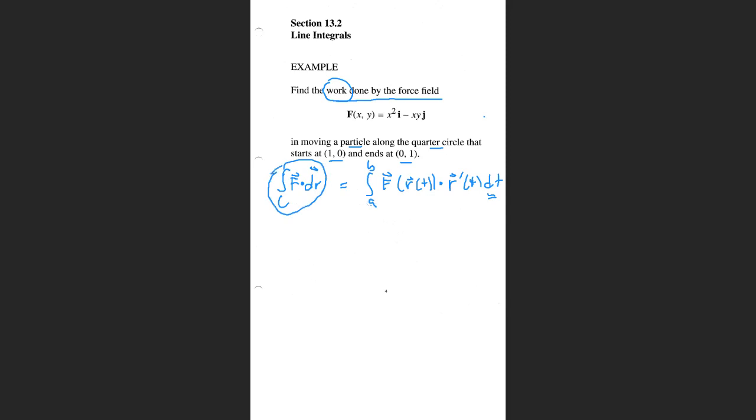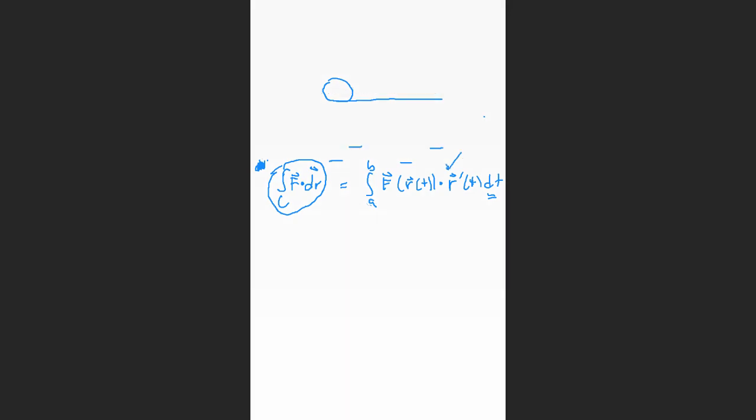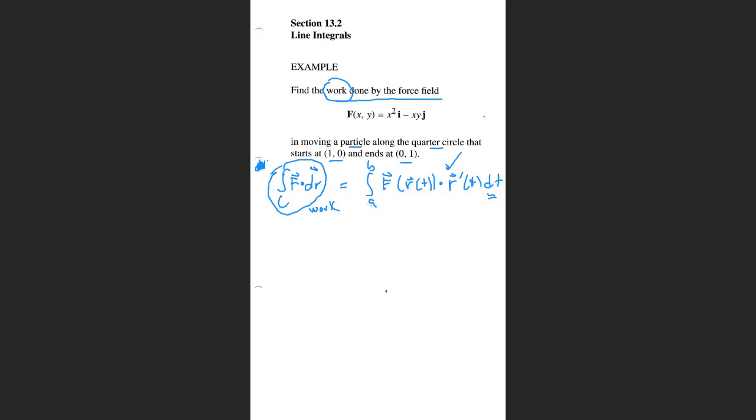I don't want to say abstract, but it's the right-hand side, that's the concrete part, right? But it just means you're finding work. But to find the work, of course, you have t limits. So you have to parameterize this quarter circle.